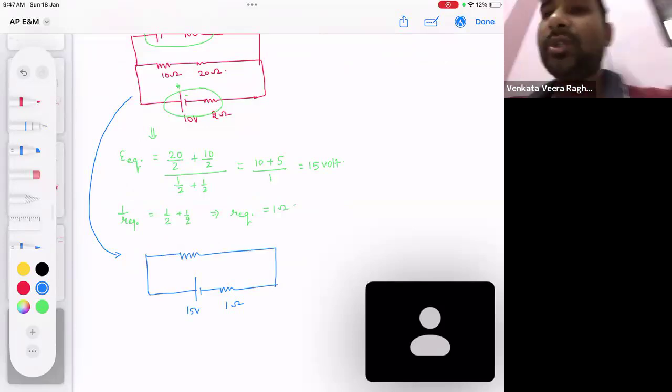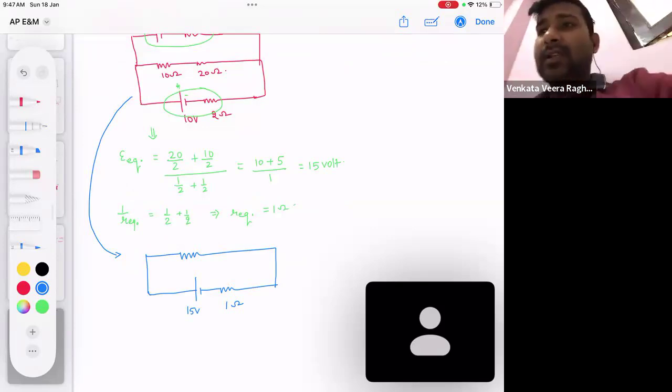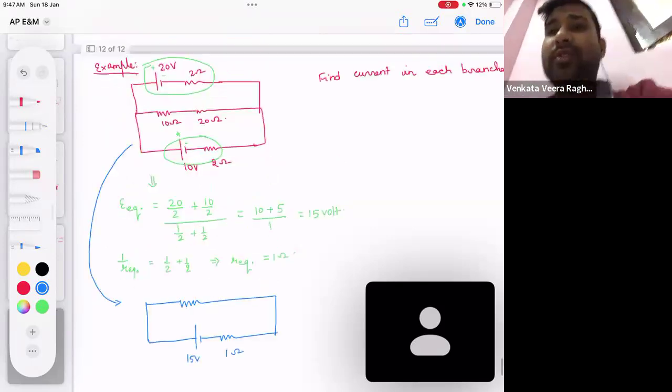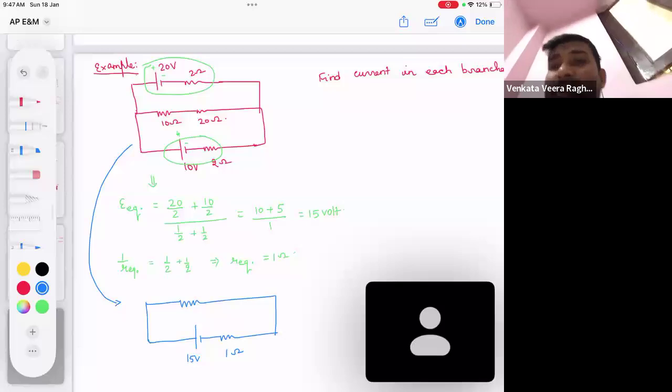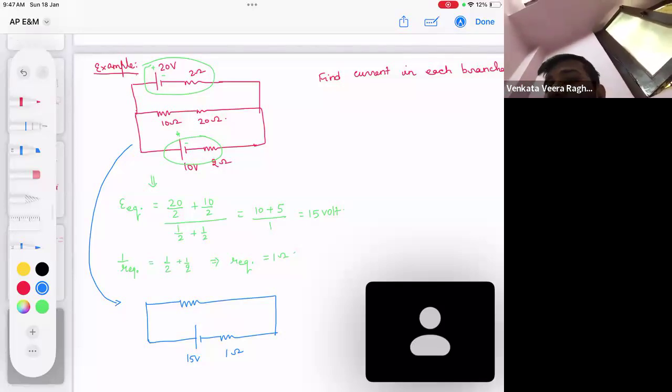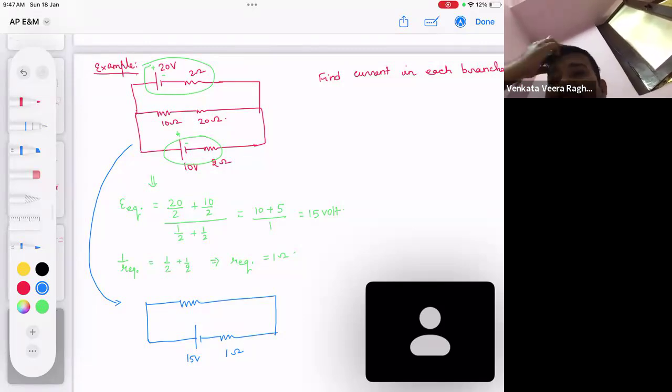So now I don't need to draw both batteries, 20 volt 2 ohm and 10 volt 2 ohm, because I found the equivalent EMF and equivalent internal resistance.